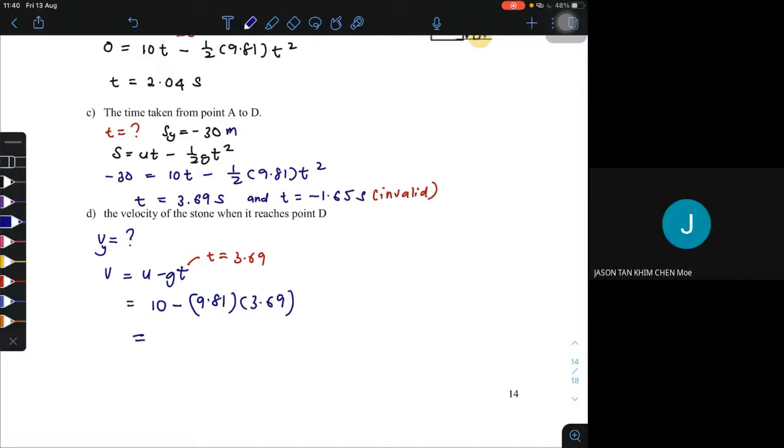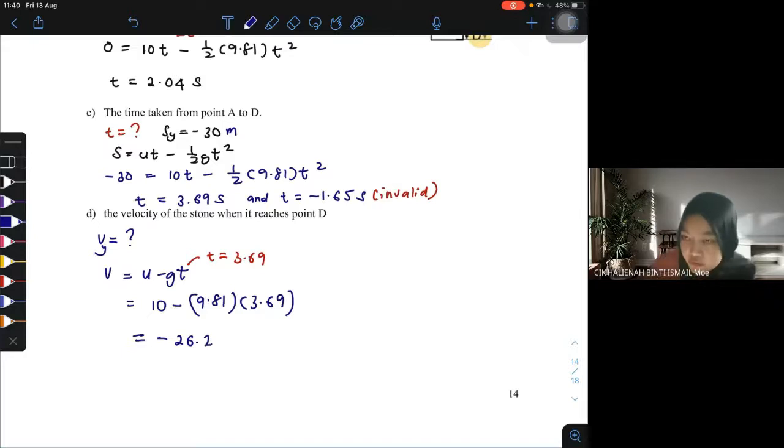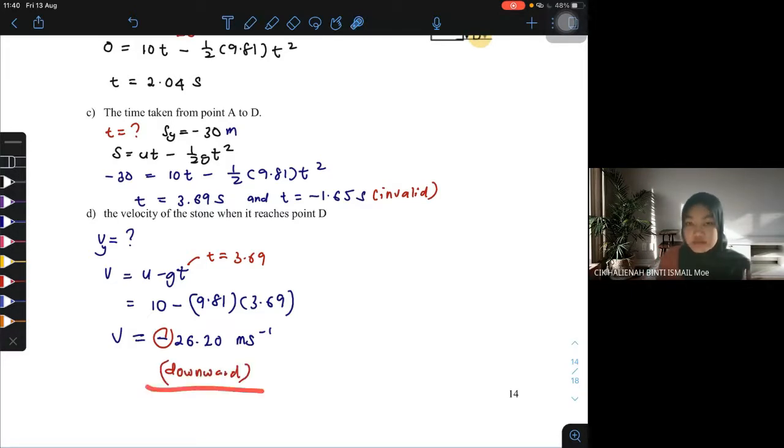So you get negative 26.20 meter per second. So negative here meaning that downward. Okay, always state the direction.